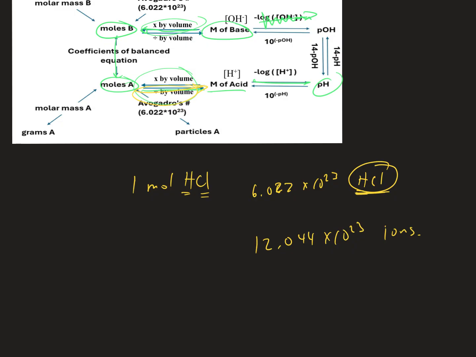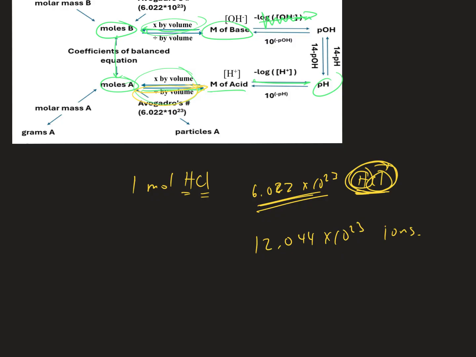You with me? But we're not interested in ions. We're interested in moles. If we have 1 mole of this, we're still going to have 1 mole of that and 1 mole of that, and it's because of that number. But we don't ever want to have to use that number again.